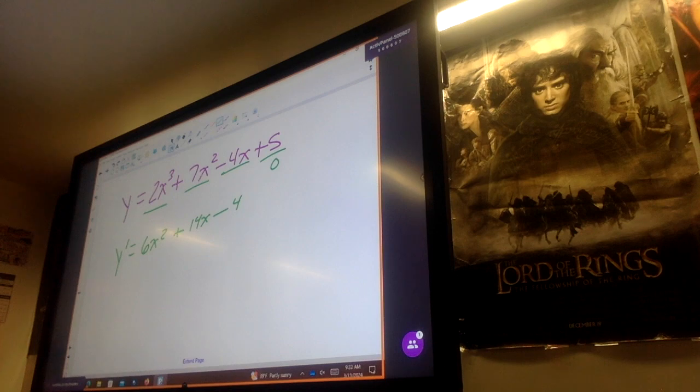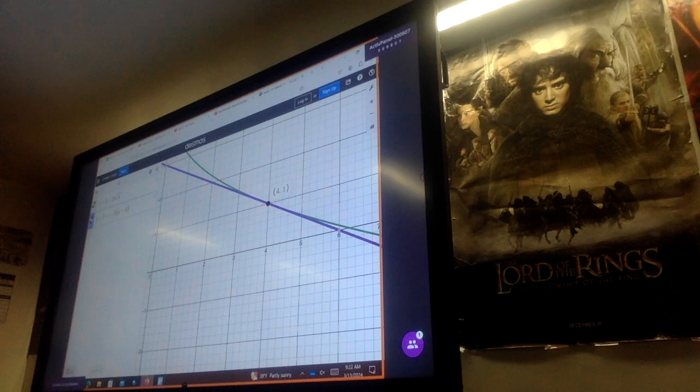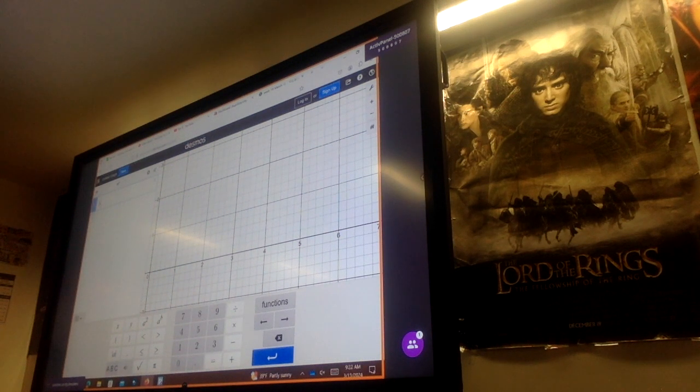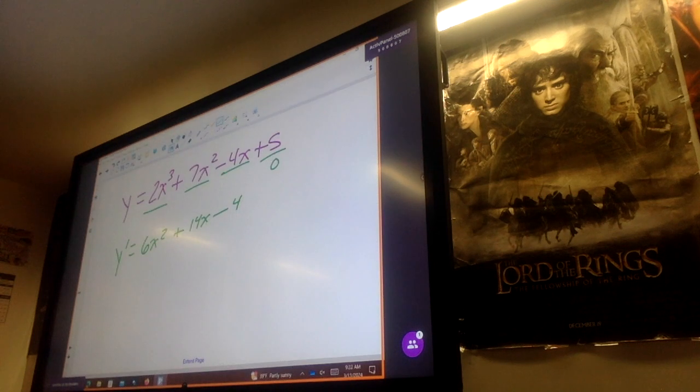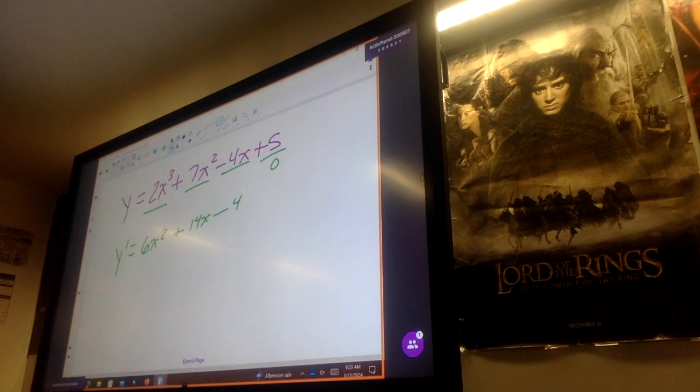So I'm going to go y equals 2x to the third, so y equals 2x raised to the third plus 7x squared minus 4x plus 5.